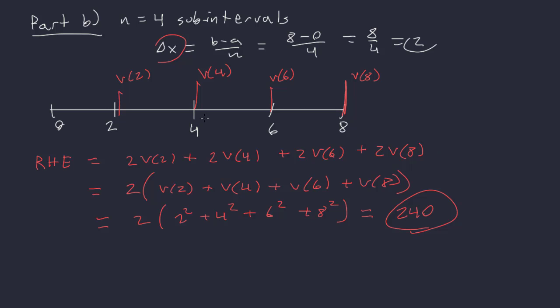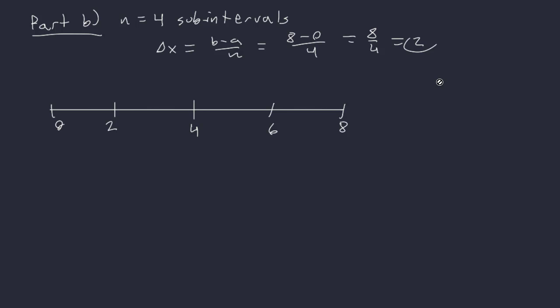Okay, now next, if we want to do the left-handed estimate, well, now if we just go back to what we were looking at, instead for the left-handed estimate we start here. So we'll look at v of 0, v of 2, v of 4, and v of 6 to get our heights.